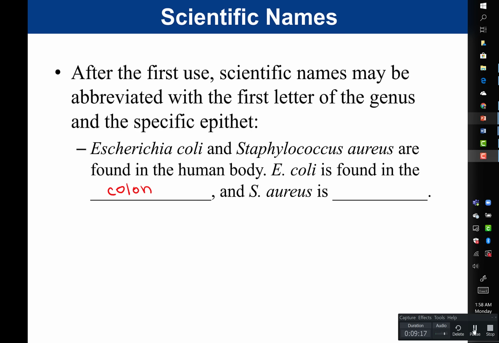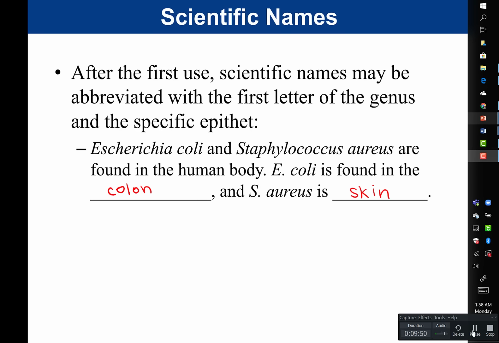Anybody know where Staphylococcus aureus can be found? The answer is skin. It's a type of bacteria found on the skin. So we can write S. aureus is found on the skin. Again, the first time we talk about it, we need to write out genus and species. When we continue to talk about that organism, we can then abbreviate the genus and simply write out the species.